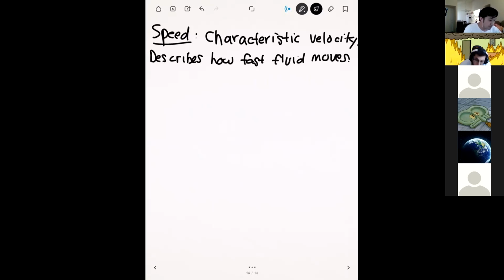Right. So if you think about the water that comes out of your faucet, that has a certain speed. But if you compare that to the flow of air over a fighter jet, those speeds are going to be very, very different. So being able to characterize that speed is also really important for these fluid flow situations. And so this could either be the absolute maximum velocity that you achieve in your geometry, or it can be an average speed as well. It depends on what your application is. Right?